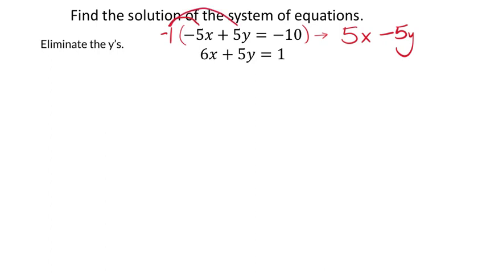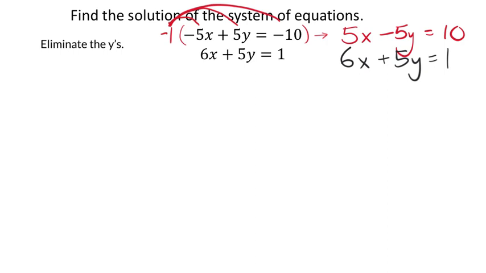Now the next one, this will produce the negative 5y. Negative 1 times positive 5y's will give us negative 5y's. And then this would equal negative 1 times the negative 10. You got to multiply everything. That'd be positive 10 right there. So that will give me a negative 5y, meaning that I don't really have to do anything with the second equation. It's just 6x plus 5y equals 1.